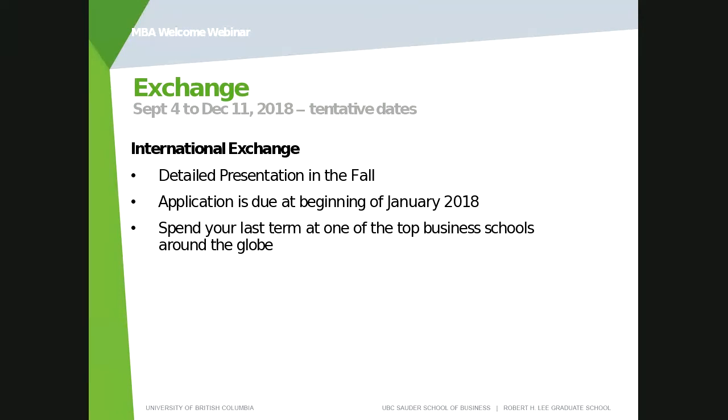Of course, there'll be some programs that start in August and some that start a little bit later in September and October. The application for exchange is not due until January of 2018, so there is plenty of time to get information and to have any of your questions answered. And this is truly a unique opportunity to spend your last term of the program at one of the top business schools around the world.